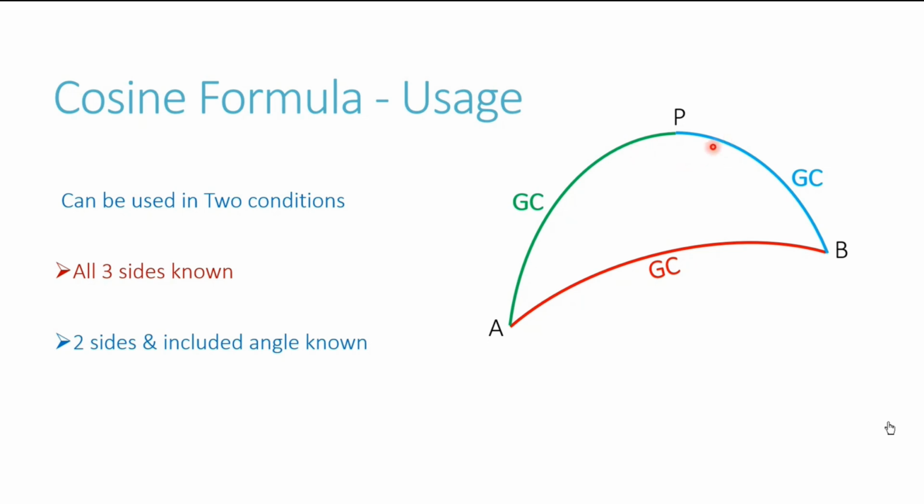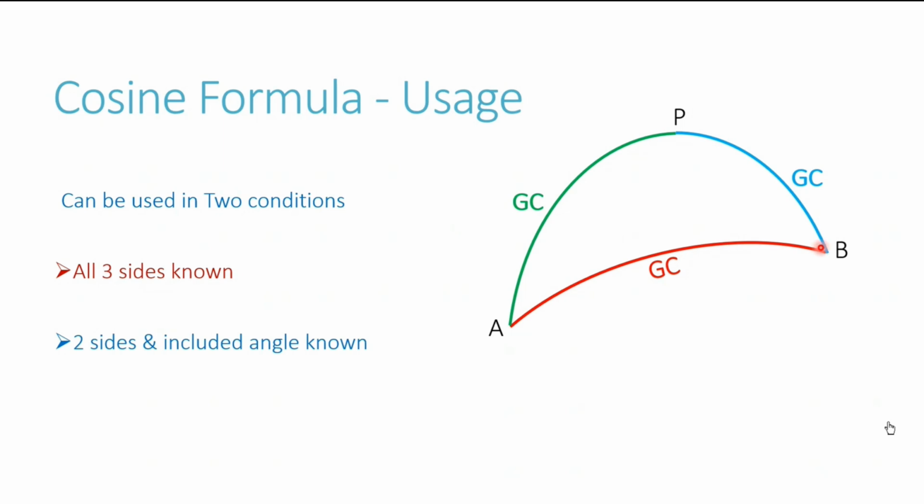So in this case also, two sides known to us and the included angle known to us, cosine formula can be applied. Now when we apply the cosine formula, the first thing which we will be able to calculate or find out in this triangle is the missing side, the unknown side. In this case, the side AB, Alpha Bravo.